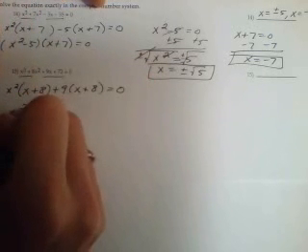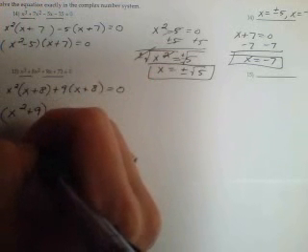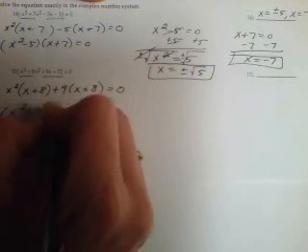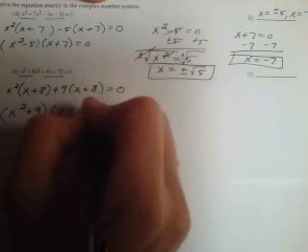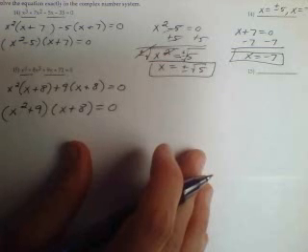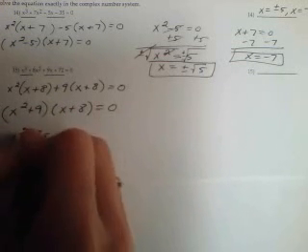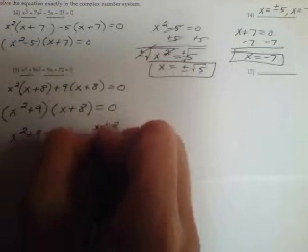So x squared plus 9 and x plus 8 equals 0. Okay, so here we have x squared plus 9 is equal to 0, and x plus 8 is equal to 0.